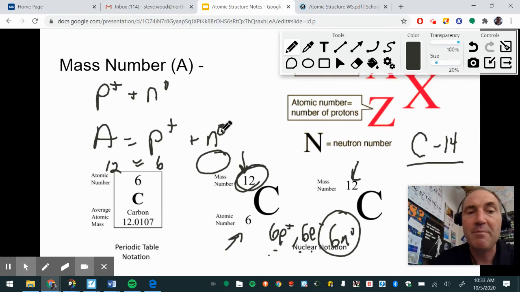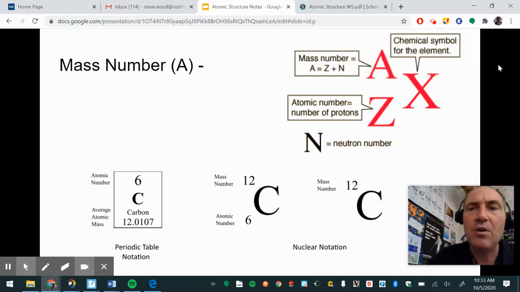You're going to have to find the mass number, which is going to be given to you on the top here or on the back side. Like this one would have 8 neutrons because it has 6 protons because it's carbon, and 14 minus 6 would give us 8 neutrons. It's called an isotope, which we'll get into tomorrow.